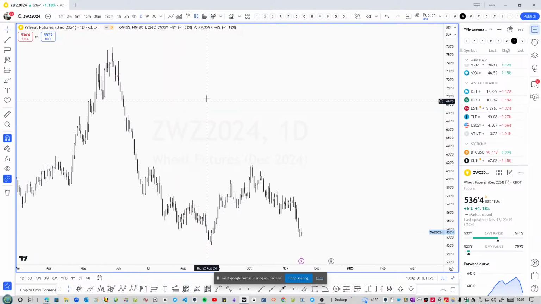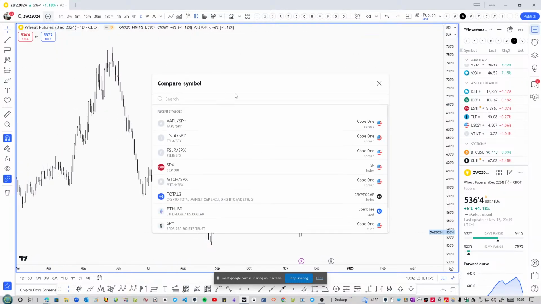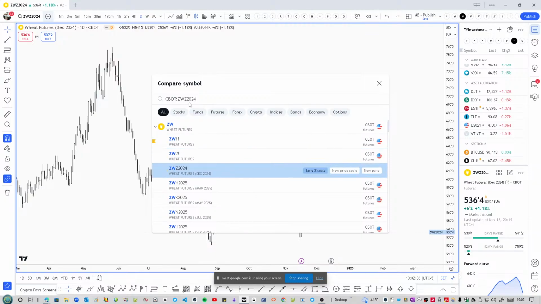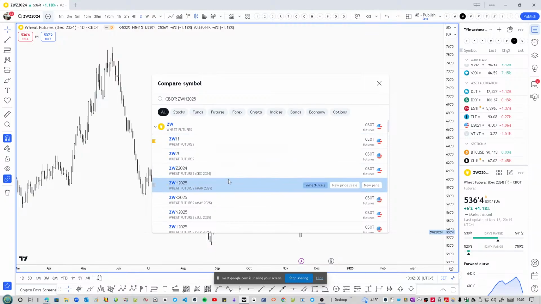Okay, so if I now overlay the next contract for wheat future, March, as you know now from the future, and if wheat is in a normal state in the future market, should the March contract for 2025 be higher or lower than where it is now? Actually, it should be higher.